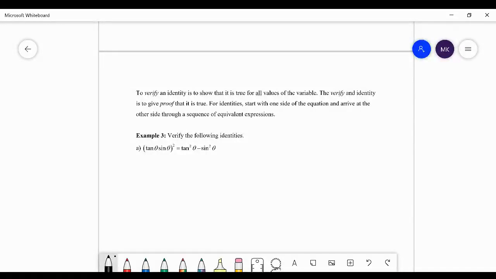Now, what side you start with is really not a super obvious thing. You have to figure out what side is the most beneficial to work with. That's not something you're just going to know.